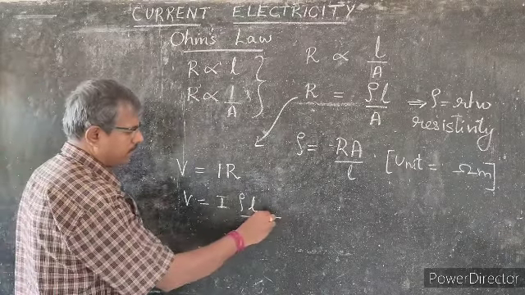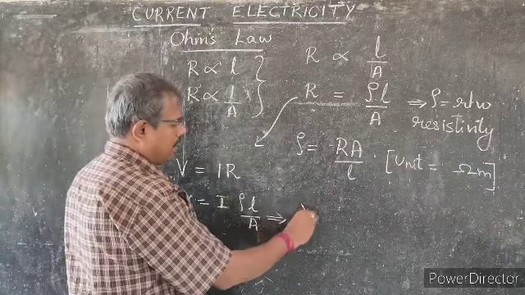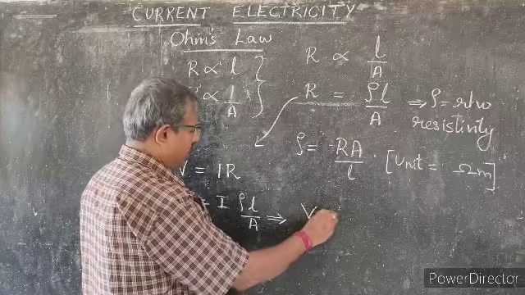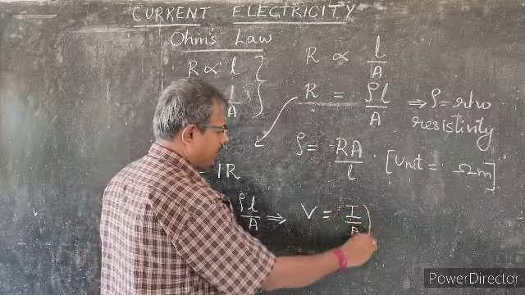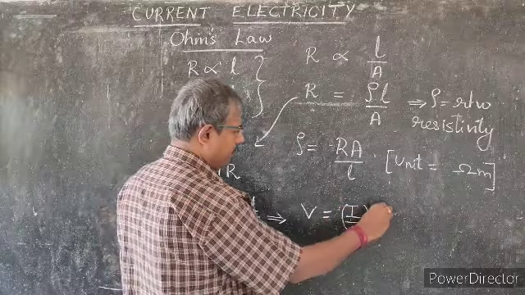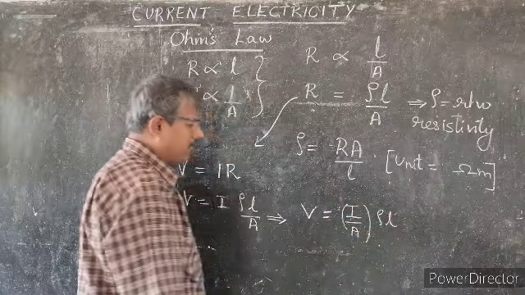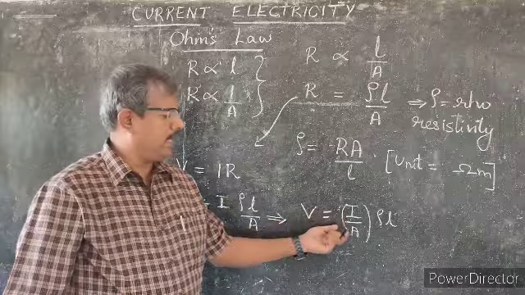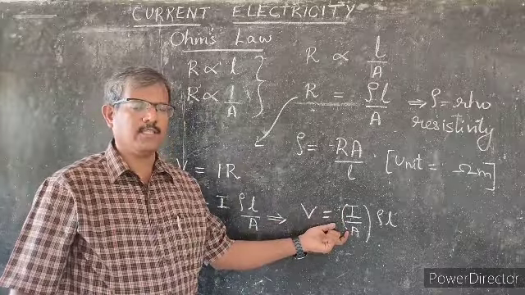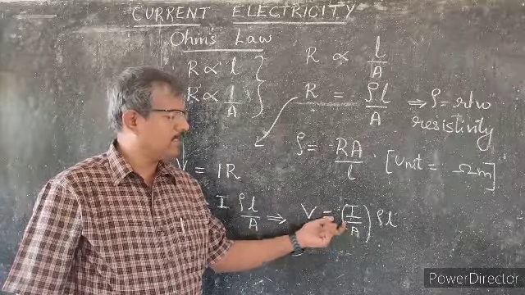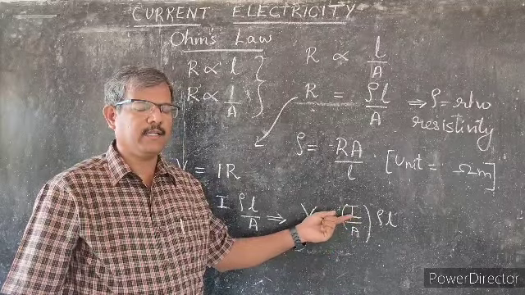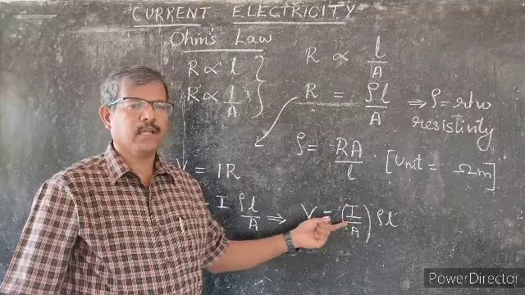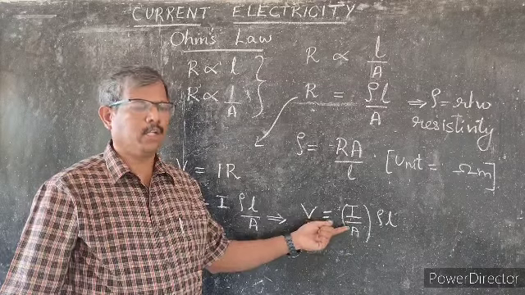Now, I by A, I combine them, the reason for which will become clear in a moment. I by A is a concept we now call as current density, the amount of current flowing through a square unit of area.